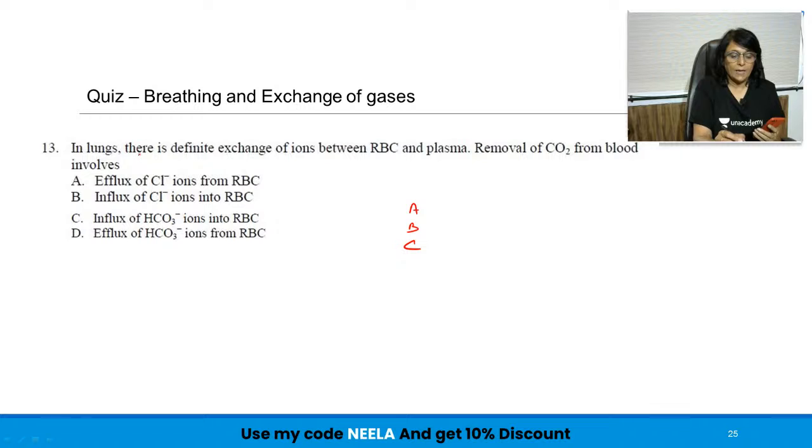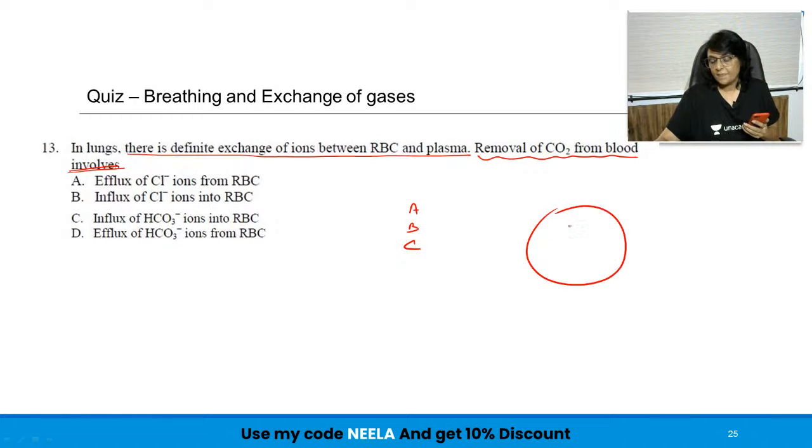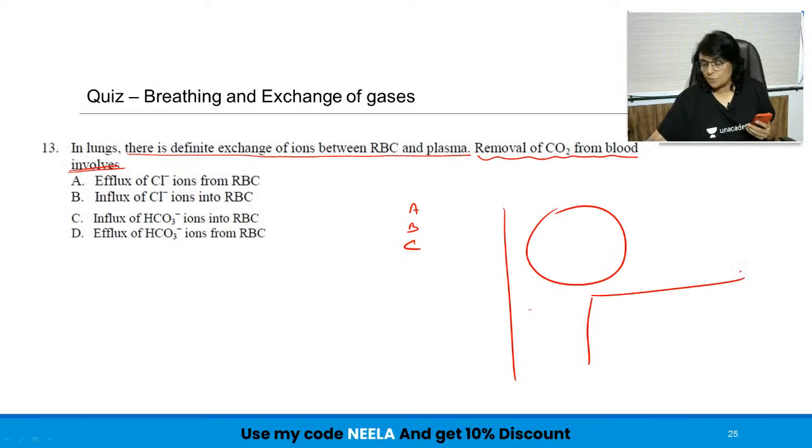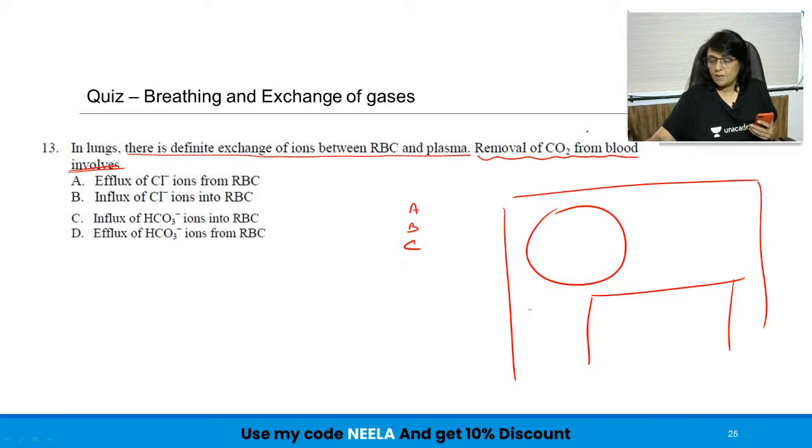Now, in lungs, there is a definite exchange of ions between RBC and plasma. Removal of carbon dioxide from the blood. I just made this diagram some time back when we were doing the revision part. Here is this alveolus, right? So, when carbon dioxide is going out, then the reaction is that bicarbonate moves from plasma into RBC. H also comes from oxyhemoglobin. It forms H2CO3.